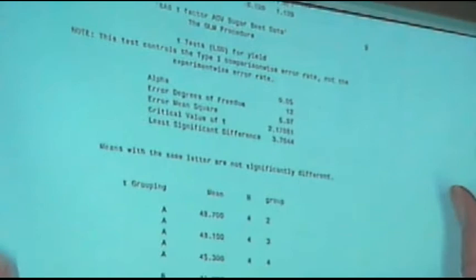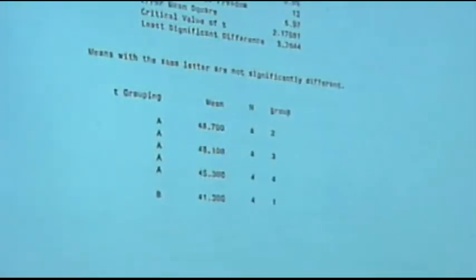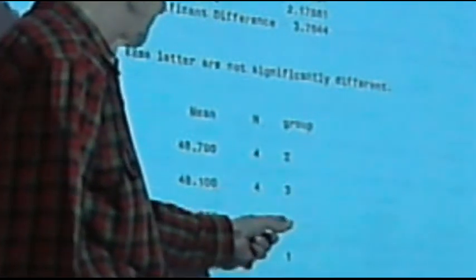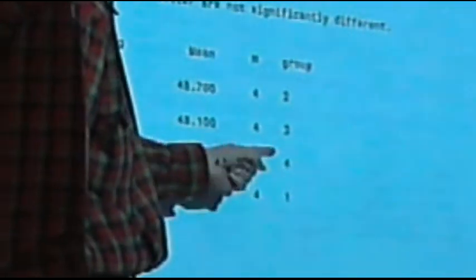Then there's an attempt in this last layout to do kind of an underlining procedure. Here's the group members, group 2, group 3, group 4, group 1. And here's the underline. So the underline tells me those three are equal.